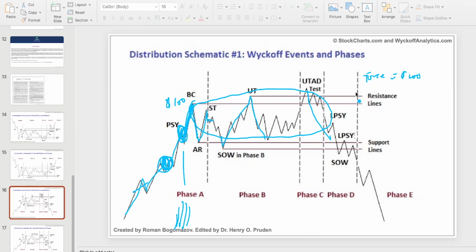And what's going to happen if there is not enough force to keep price at that level? It's going to tank, and it's going to tank hard, and it's going to cause capitulation to the downside. Then institutions are going to find value at the previous area of buying and start buying into that and accumulate or distribute, depending on the value of the stock or the outlook of the market. That's what happens basically in distribution.